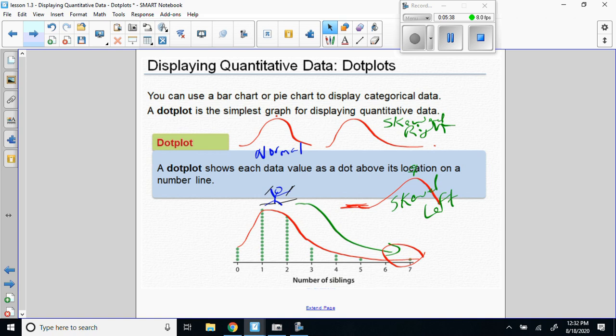Which way's gonna be the most enjoyable, longest ski trip? To the right. Thank you. Skew right. Not a short trip, boom, done. No, we don't do that.